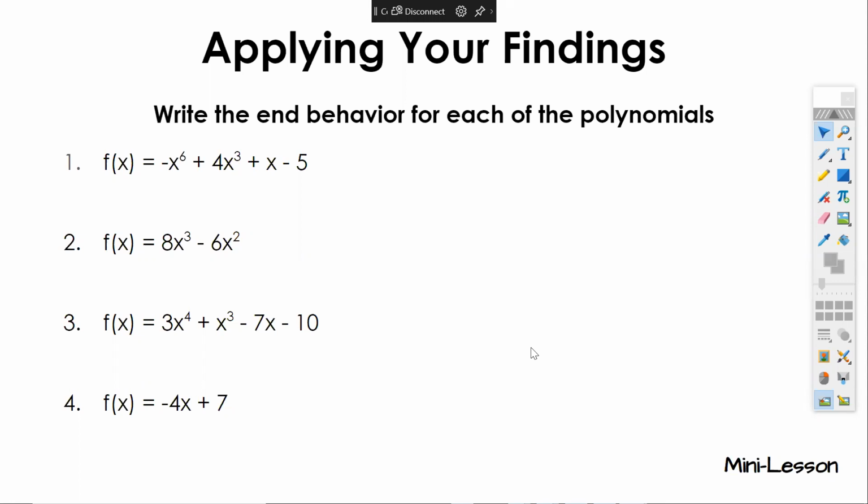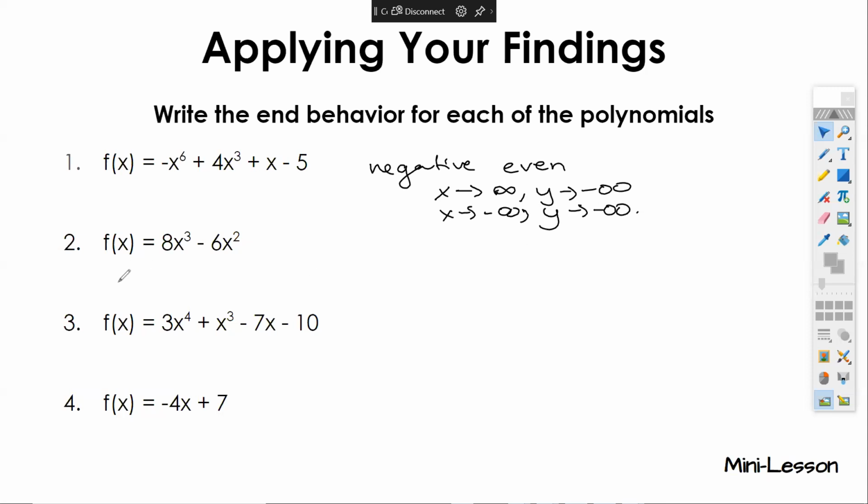So we have a negative even polynomial, right? So my end behavior is going to be as x approaches positive infinity, what's happening to my y? And then as x approaches negative infinity, what's happening to my y? Fantastic.